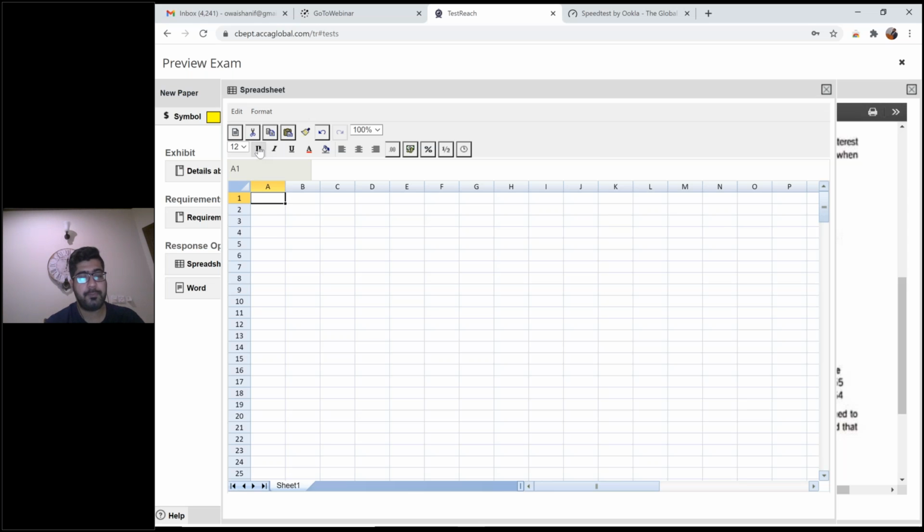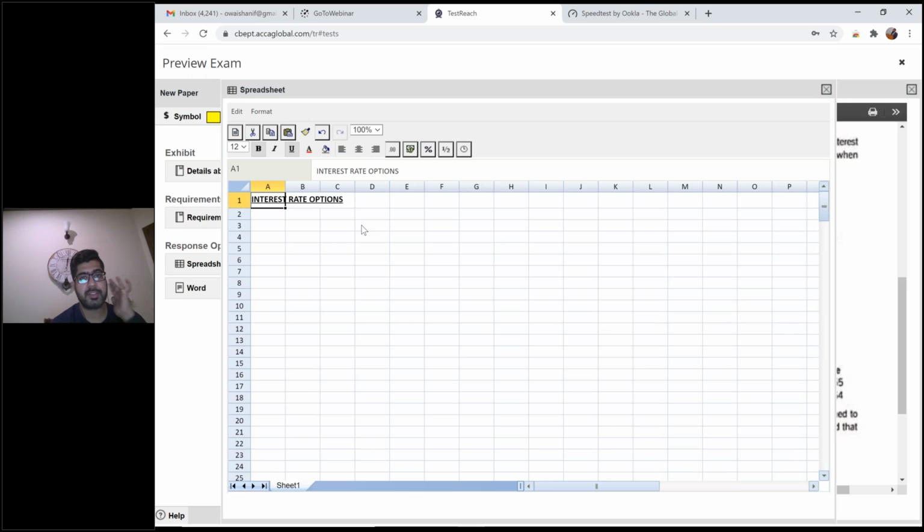And the last thing was interest rate options. Now, as far as interest rate options are concerned, I told you options have a format as well.